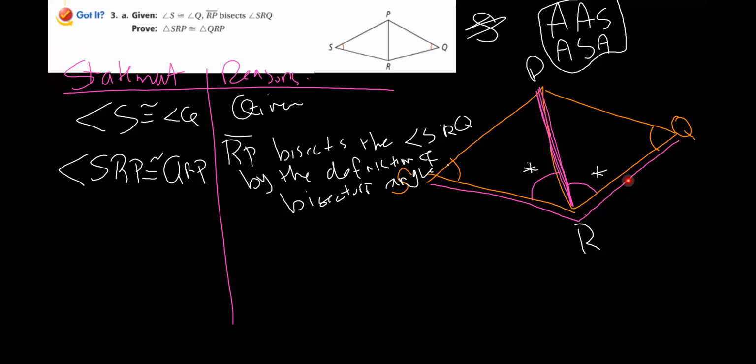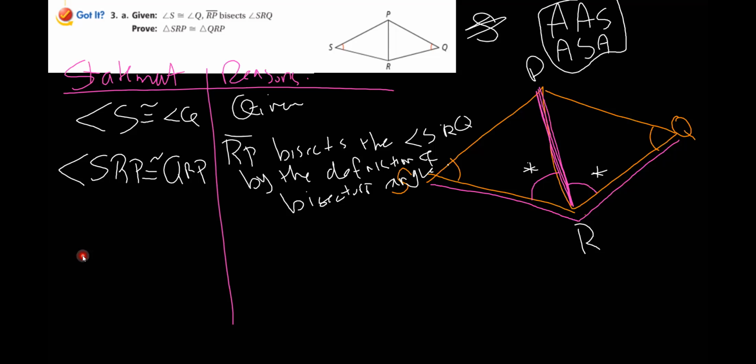Because of the definition of bisecting? No, you want to prove it. It's not given that they're equal. You don't have information about it. So, because the side is not included and does not work, I will search for another side that could be congruent. Which one? PR is congruent with PR.